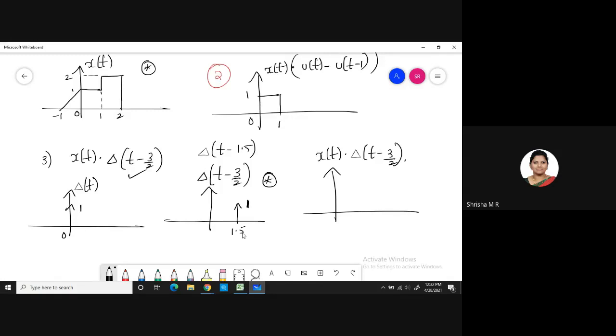In the third case, I'll get a waveform at t is equal to 1.5 with an amplitude 2. Got it, everyone? I multiply this with this signal. So check what is the amplitude in x of t at 1.5. At 1.5, the amplitude is 2. So 1 into 2 will be 2 at 1.5. Got it?